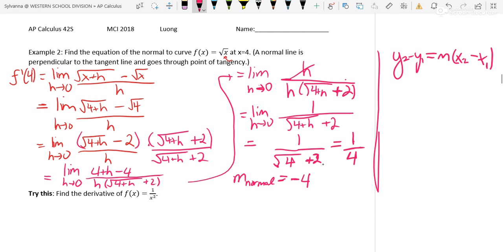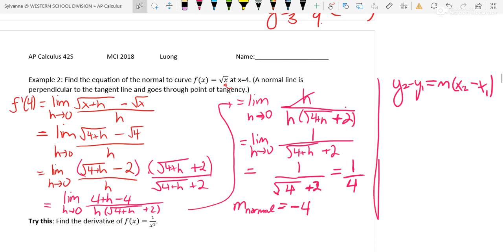We know what our m is, but actually I need to find the y value first. Our y value, f of 4, will give us our y value, and that would be root 4, which is 2. So I know my slope is negative 4, and then my point is going to be 4, 2.